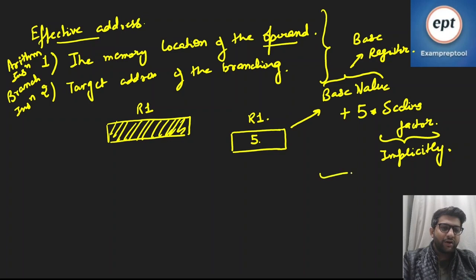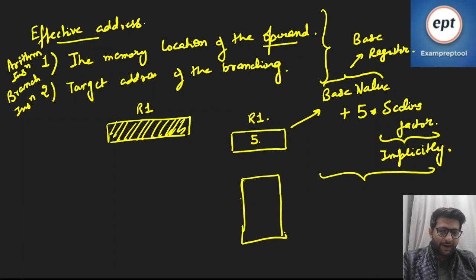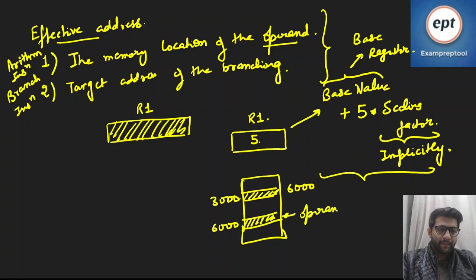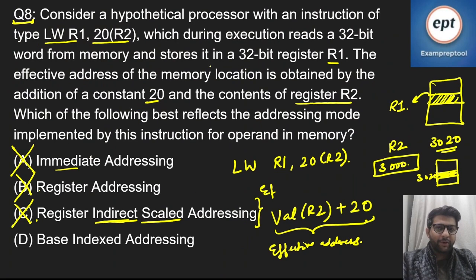This gives us a memory location, say 3000, and at that location another memory location is stored, say 6000, and at that location our operand is present. So this is how we get our operand in this addressing mode. Are we doing this in this instruction? No. So this is also wrong.